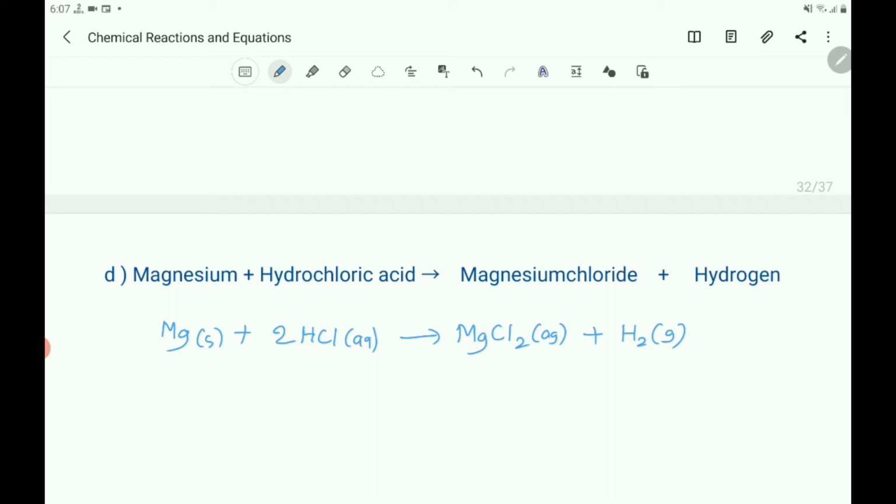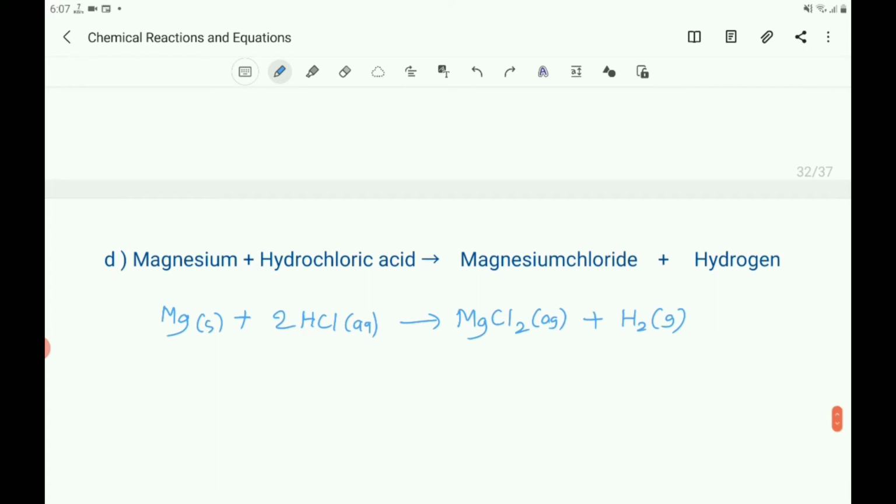Then what type of chemical reaction is it? Here you can observe that Mg replaces hydrogen from the hydrochloric acid solution. So hydrogen is displaced by magnesium, then it is a displacement reaction.